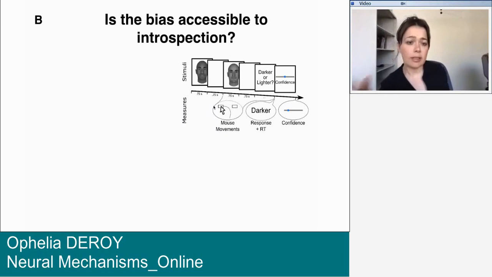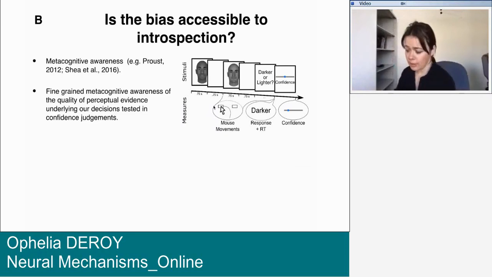And here there is also good evidence in the literature that we can actually perform this judgment of confidence pretty well in the case of the accuracy of our perceptual decisions. It's tested on very simple visual stimuli and other types of stimuli everywhere in psychology labs.